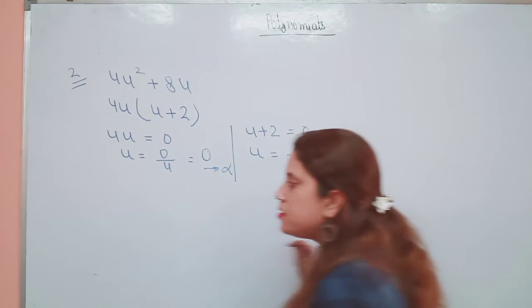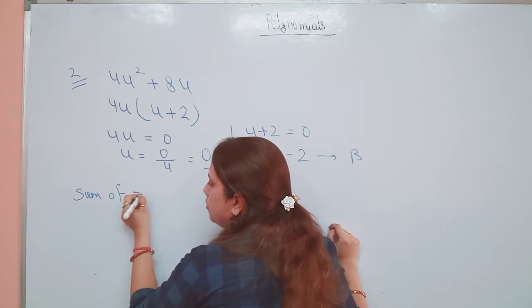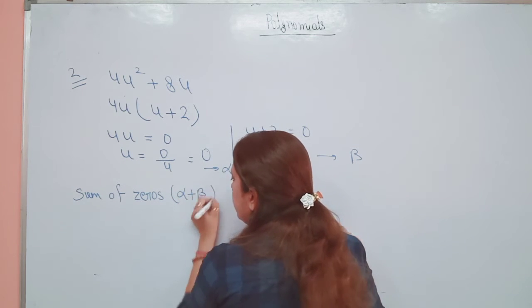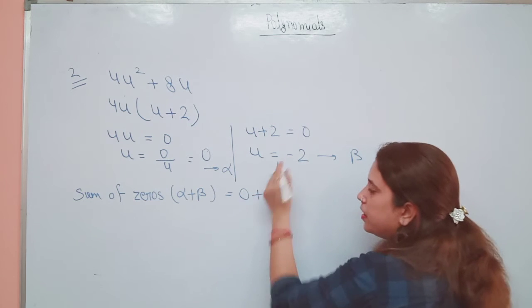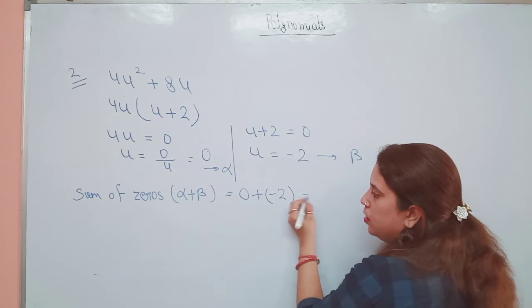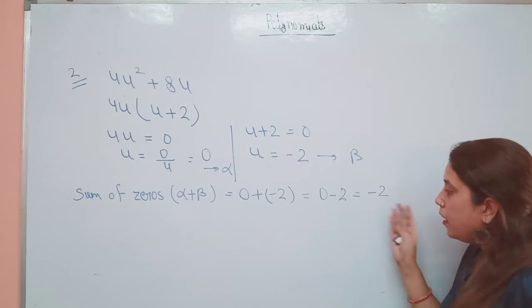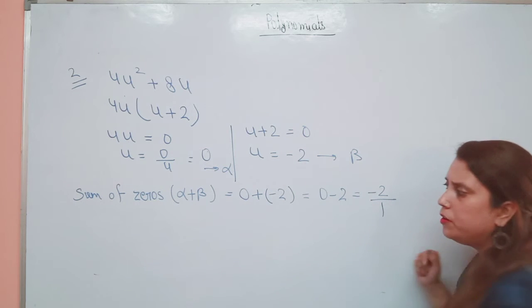Now the relation, sum of zeros alpha plus beta is equal to, alpha is 0 plus beta is minus 2. So 0 minus 2 will come minus 2 and we can write down minus 2 upon 1.